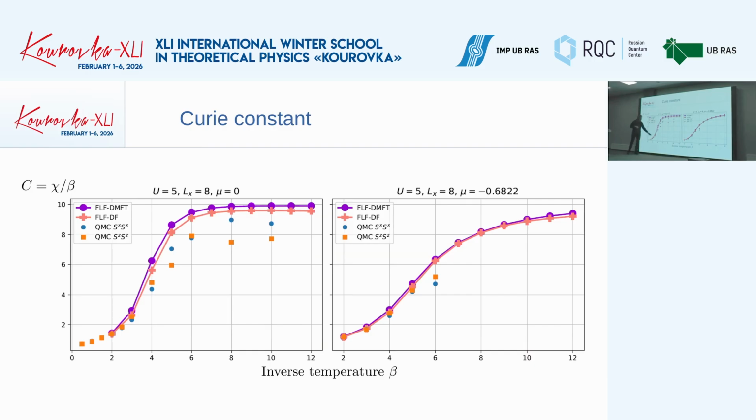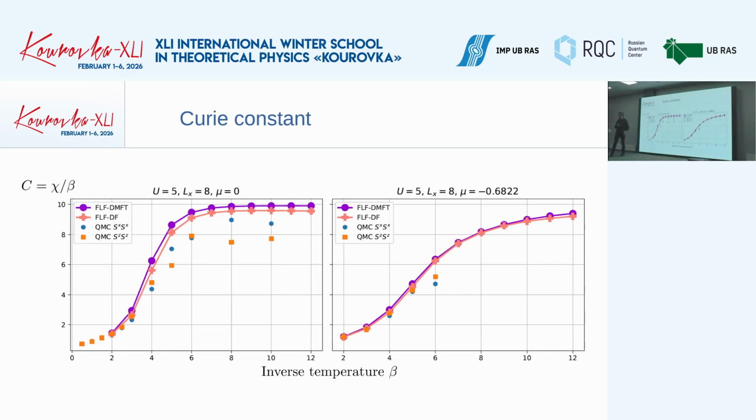So now this is the FLF method. Again, two curves, with and without the dual fermion correction, and again the curves are quite close to one another. It starts from 0.5, then it grows, and then it goes to some constant value.